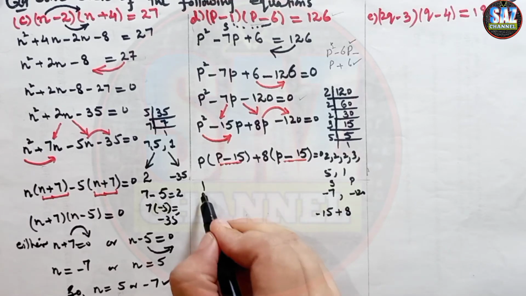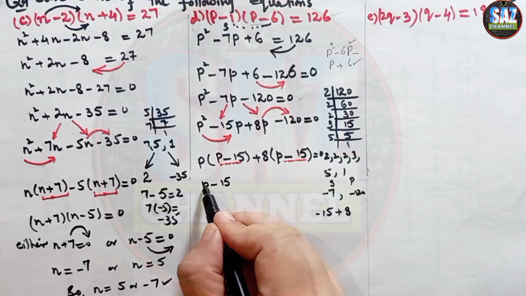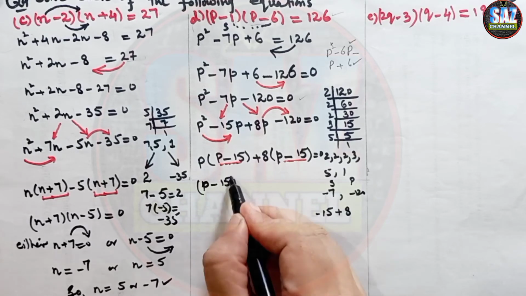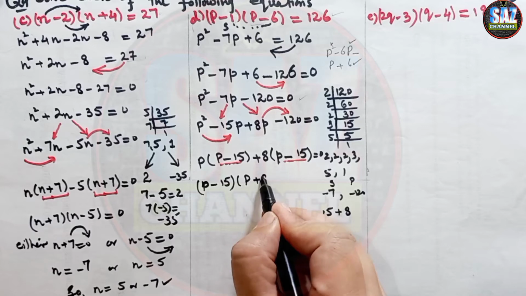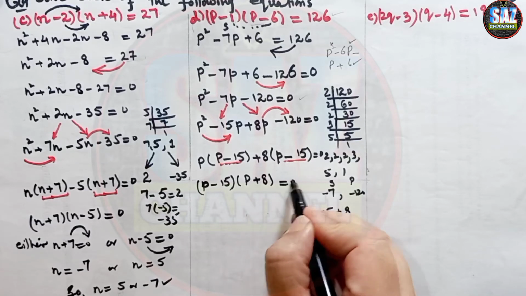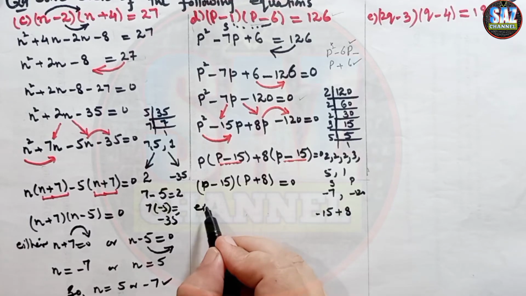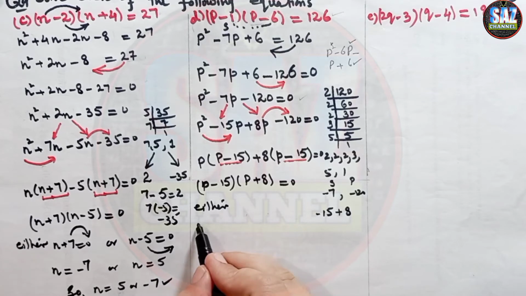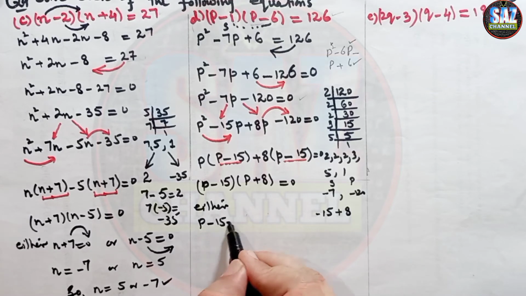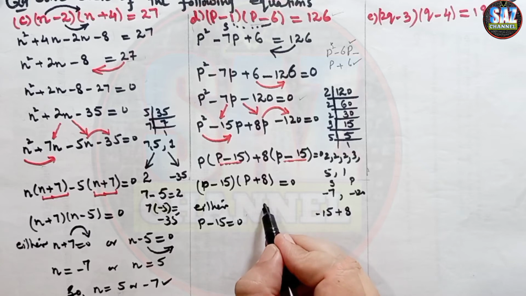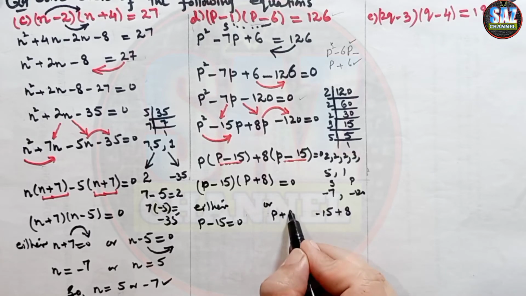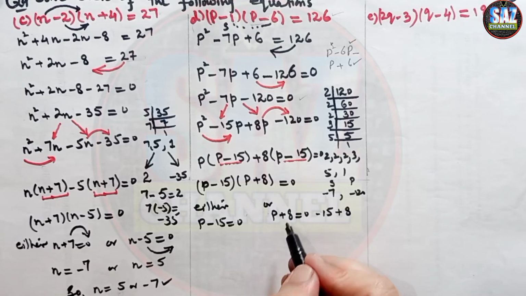So when I'm pulling out p minus 15 and p plus 8 equals to 0, then I have to apply either p minus 15 equals to 0 or p plus 8 equals to 0.